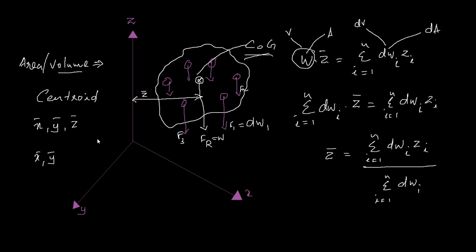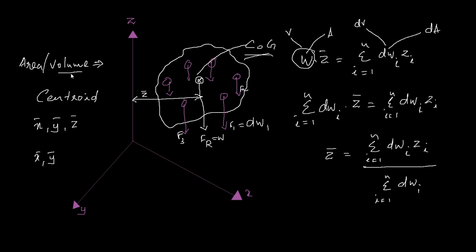So center of gravity is the point through which the resultant force, or the total weight of the body, is acting, and the centroid is the point through which the area of a body is concentrated, or the volume of a body is concentrated.